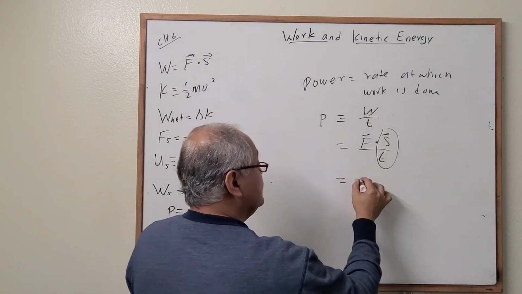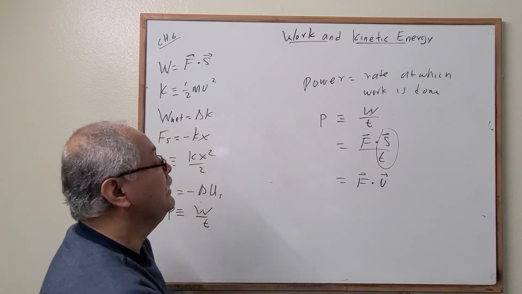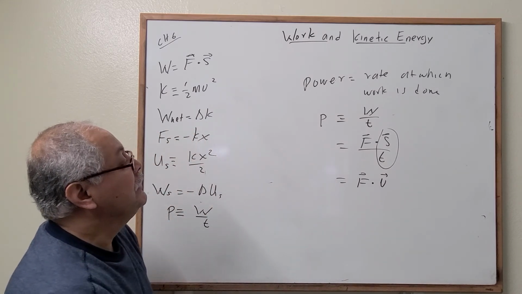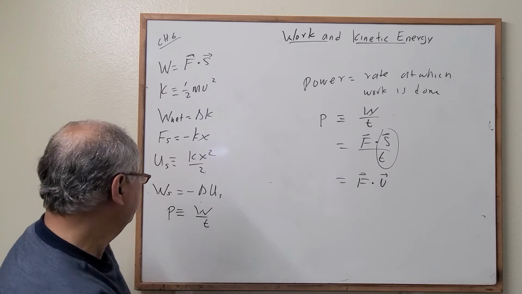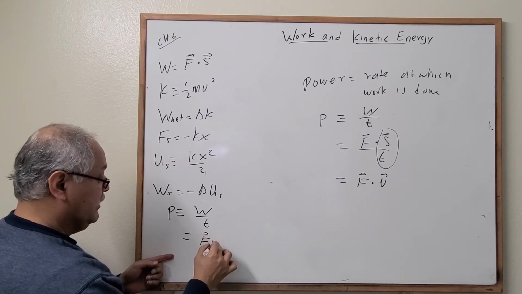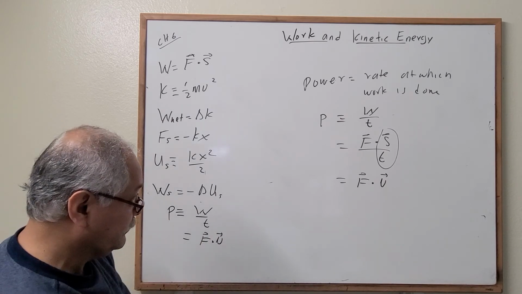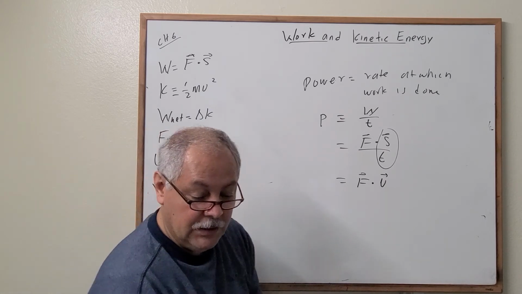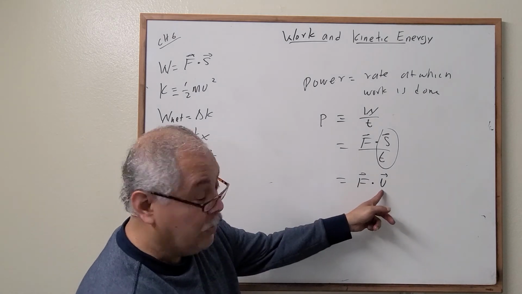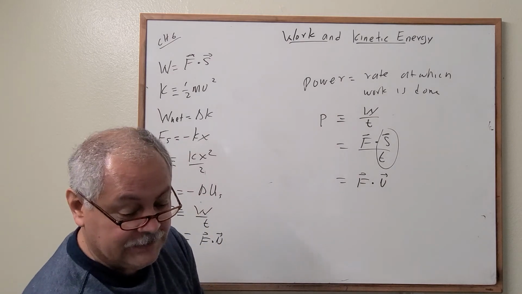So it's equal to the dot product of force times the velocity. That is how we can represent power. So power is also equal to this dot product, force times the velocity. And we apply this one mainly when velocity is constant.